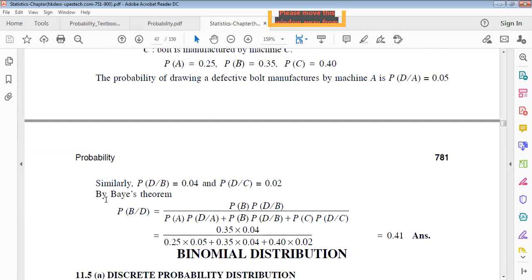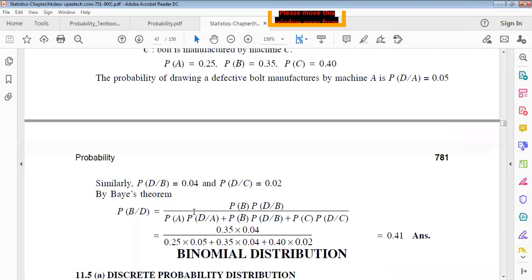Now from Bayes theorem, we get the probability of machine B when it is defective. If it is defective, then it comes from machine B. This is the probability of B by D equals probability of B times probability of D by B, over the sum for the 3 machines: first machine, second machine, third machine.